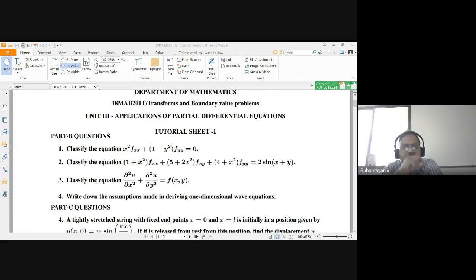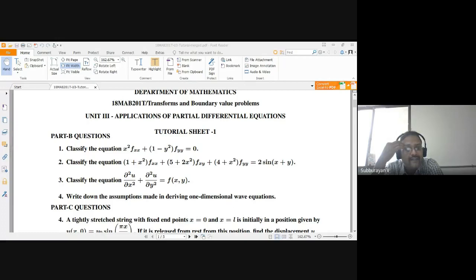For example, the string should be a linear elastic string, and it should be homogeneous everywhere. Homogeneous means the cross section of the string should be the same. Based on those assumptions, they derived the equation.